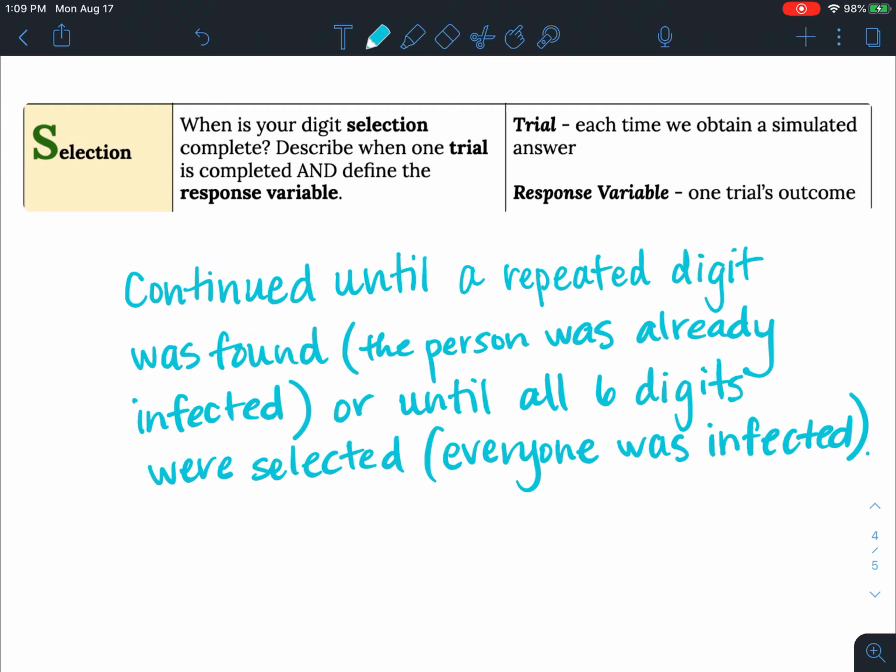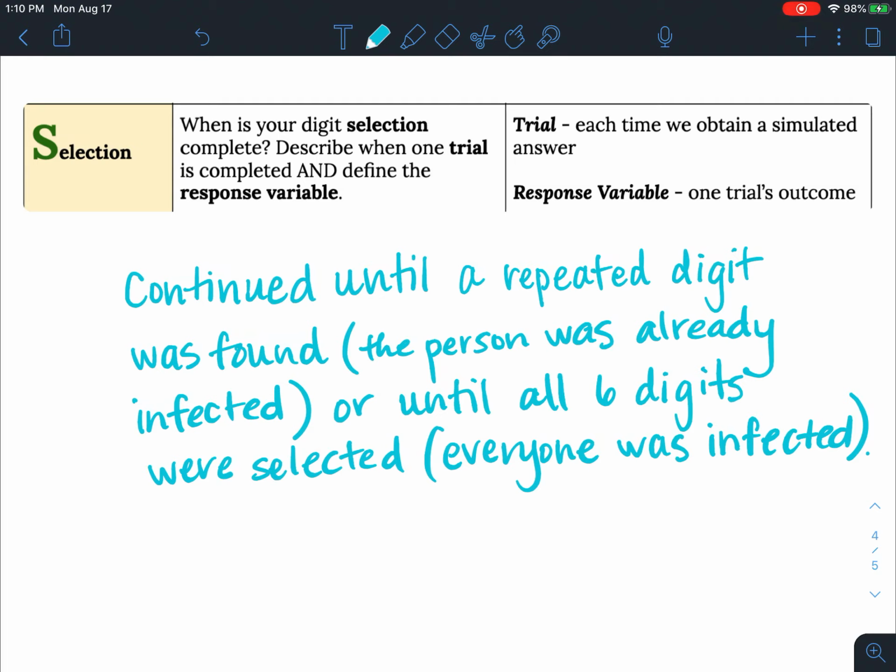So you basically need to say, keep doing this until when. You need to tell the person who's reading your simulation that you know when you're supposed to stop. You know when a trial is done.